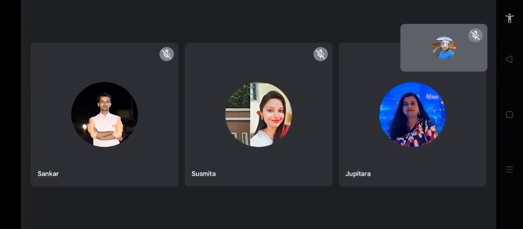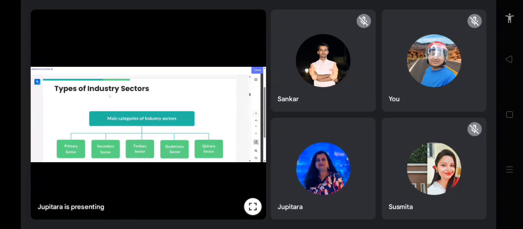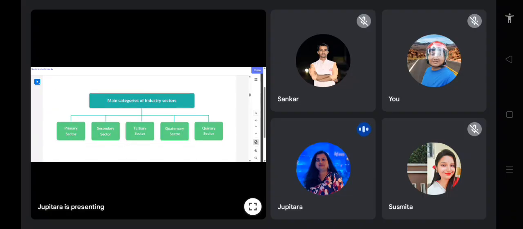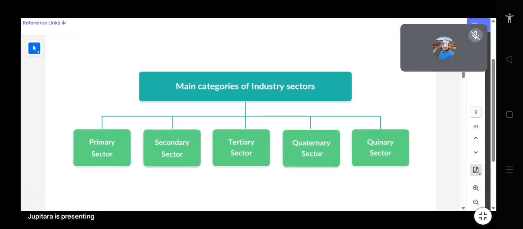So today we'll be starting with your awareness of industry sectors. The major categories which we determine as industry are primary, secondary, tertiary, quaternary, and quinary. These are the different major industry sectors determined by the economy of our country.